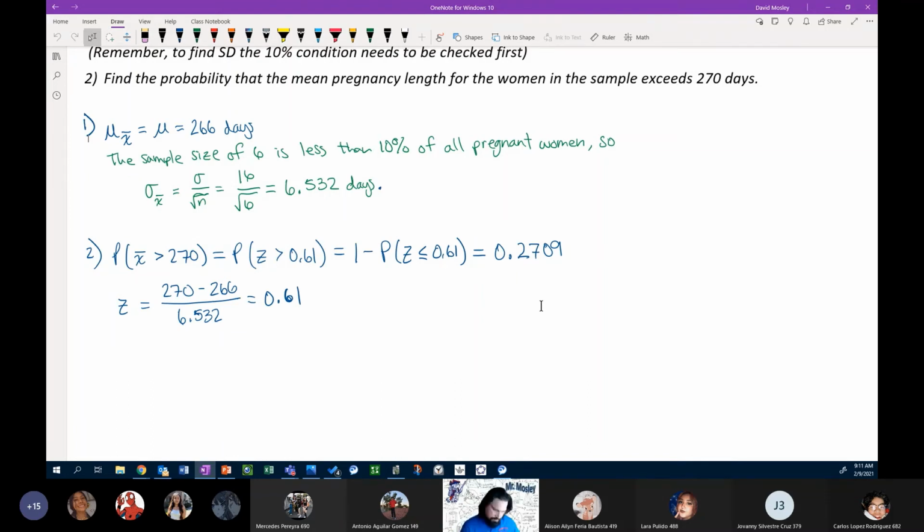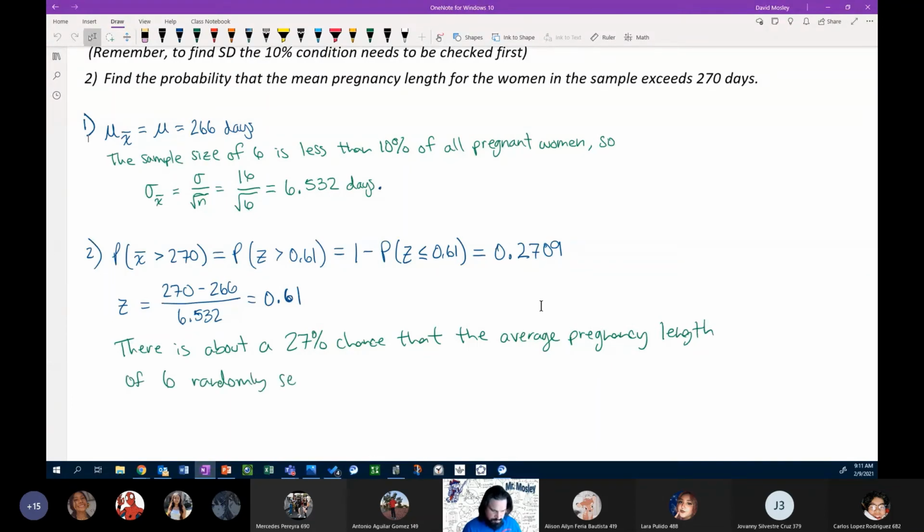Right. And that answers our question. Is there anything I can clarify with this example?